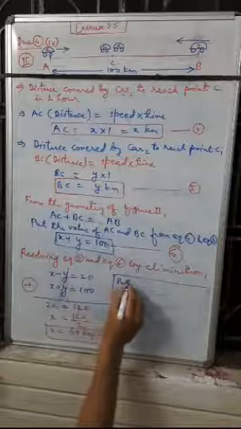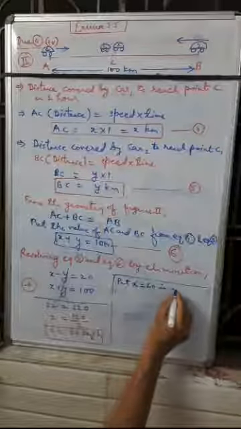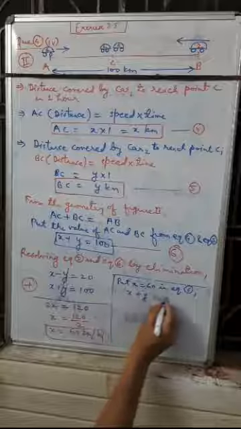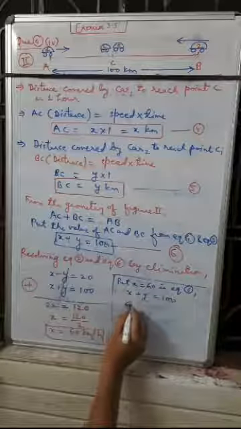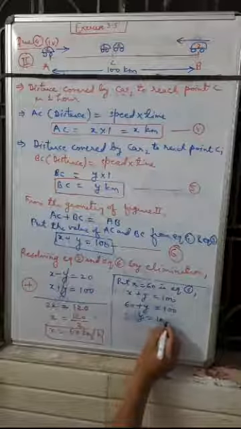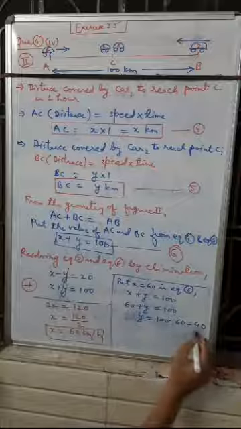Put x is equal to 60 kilometer per hour in x plus y is equal to 100. So 60 plus y is equal to 100. That means y is equal to 100 minus 60, which is 40 kilometer per hour.